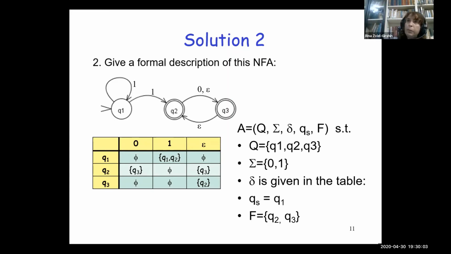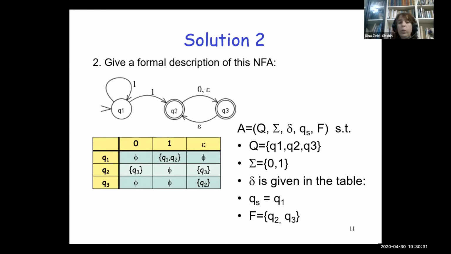If you add epsilon there, you will just get an empty set as a result, so it's meaningless. In this automaton, since we have an epsilon transition, it is a good idea to add epsilon as an input because it is a transition. So Q1 on 0, do I know where to go?